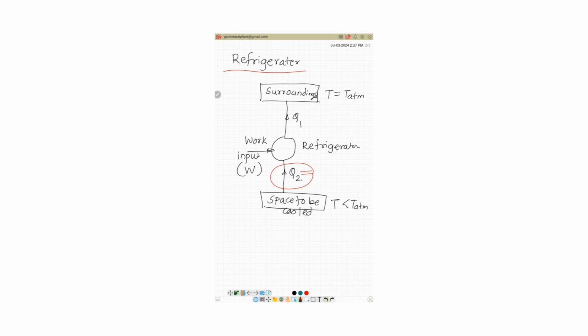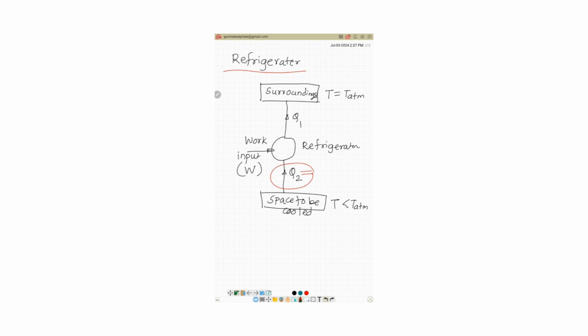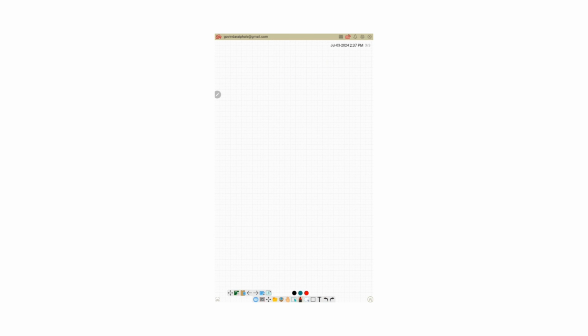Next we have another device, the heat pump. This heat pump is also a work consuming device.